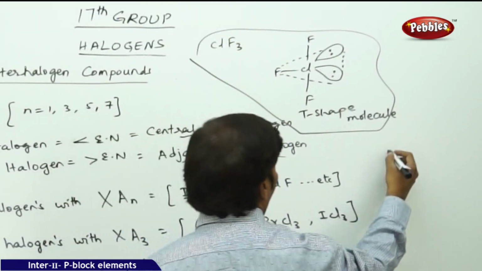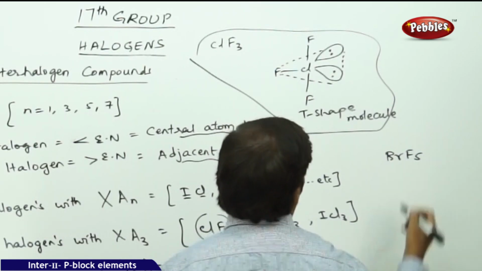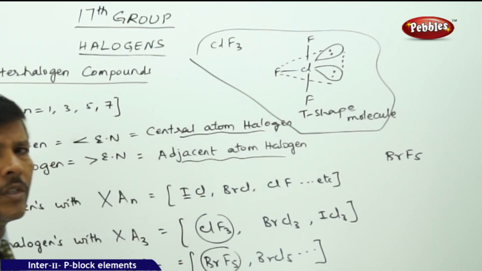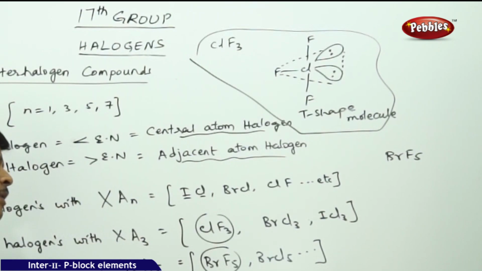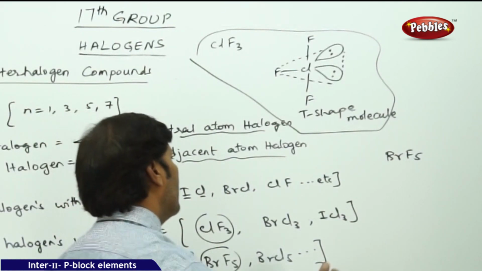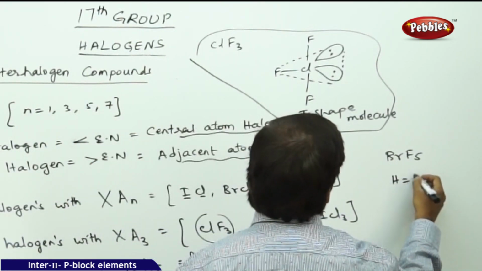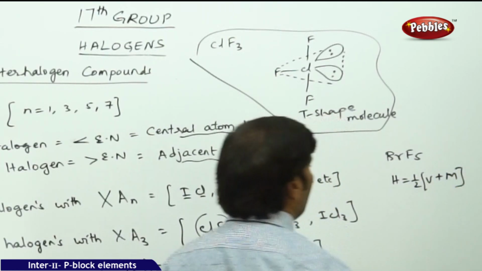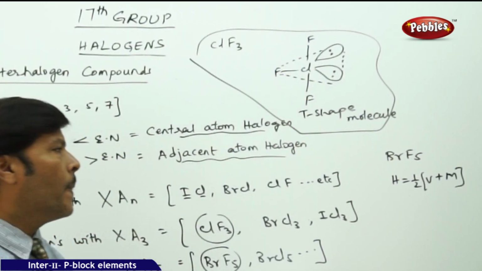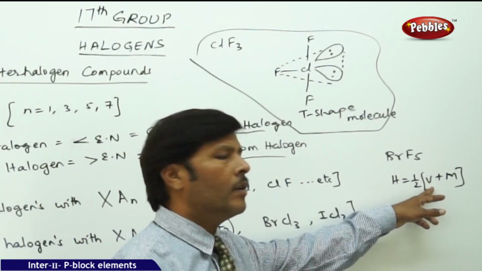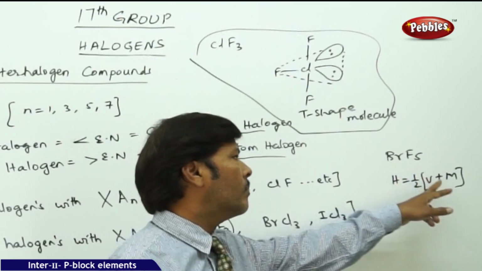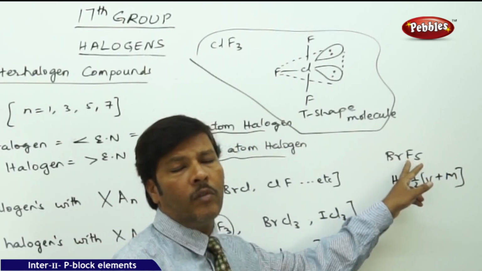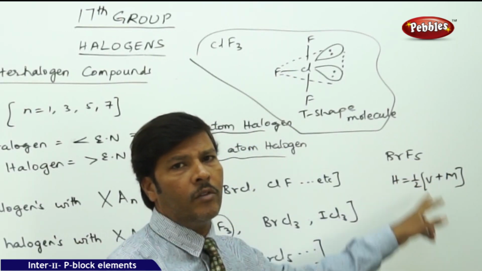For BrF5, how do you check this? Actually, I don't know what the hybridization, shape or geometry is. Because it's a neutral interhalogen compound, I'll use the formula H is equal to half of V plus M, where H is the hybridization, V is the number of valence electrons of the central atom, and M is the number of monovalent adjacent atoms present in the interhalogen compound.